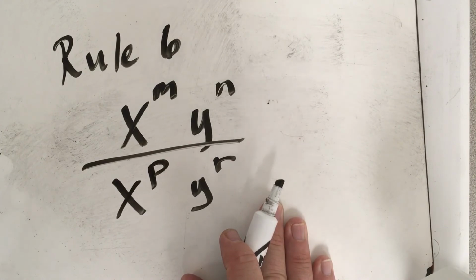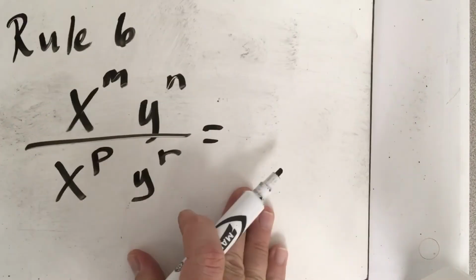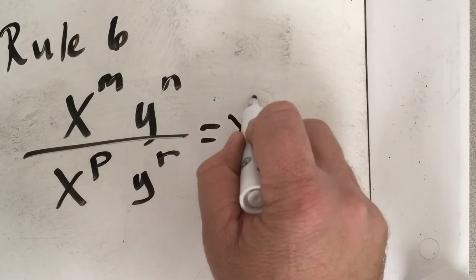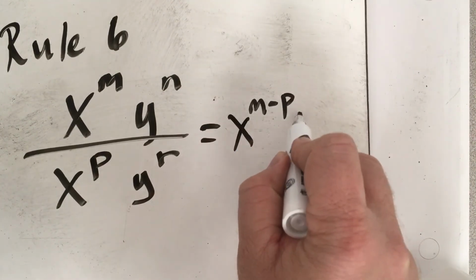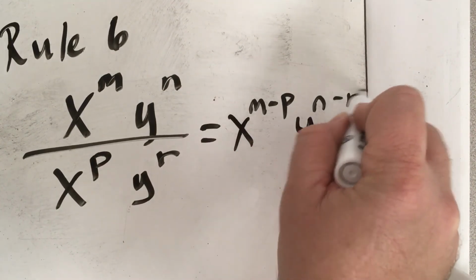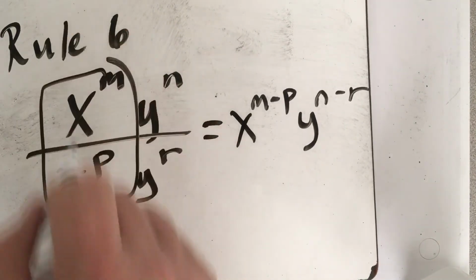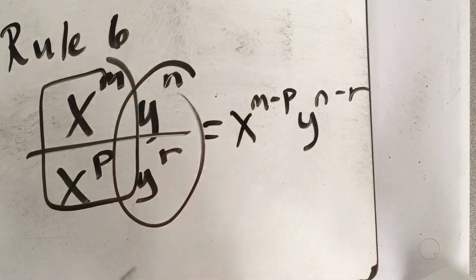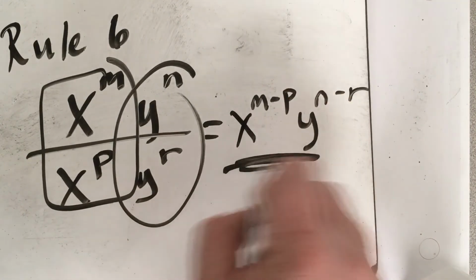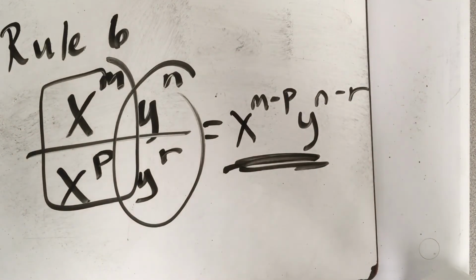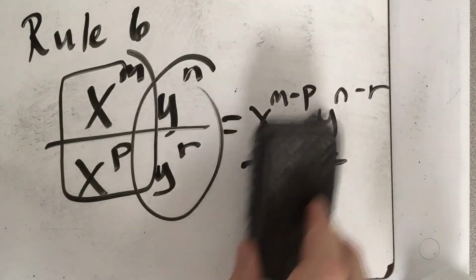What's the operation? Division. What do we do to shortcut it? Subtract. But only deal with things that are the same. So let your x's and x's go together. Let your y's and y's go together, and then put them back together for your final answer. It could be rule 3, could be rule 4, could be rule 5. Any of those can be chained.